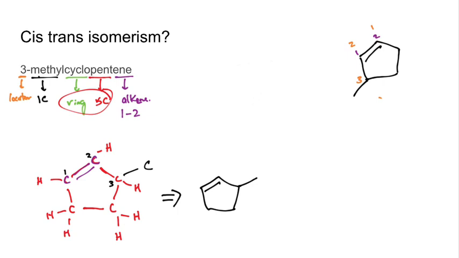Could I have named it 5-methyl? Because doesn't that result in the same thing? I just number it the other direction? Yeah, I would still be able to get the structure, so is that name equally valid? No. So it goes from being arbitrary to important?